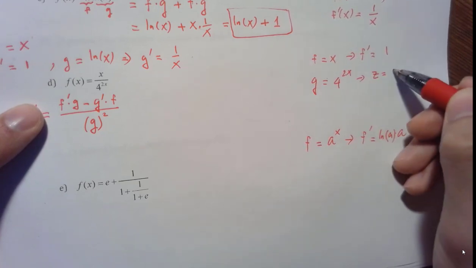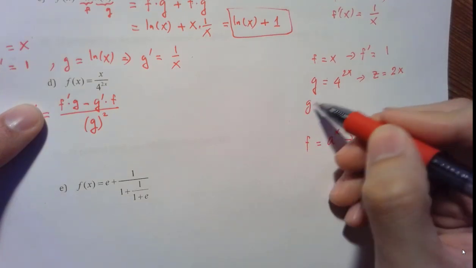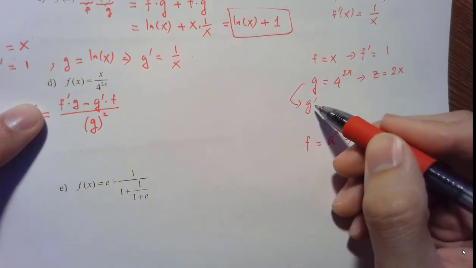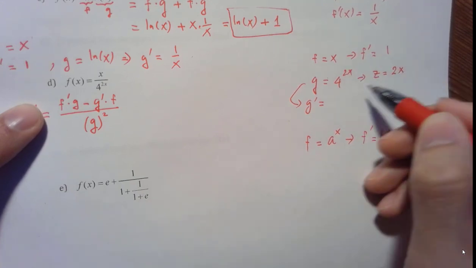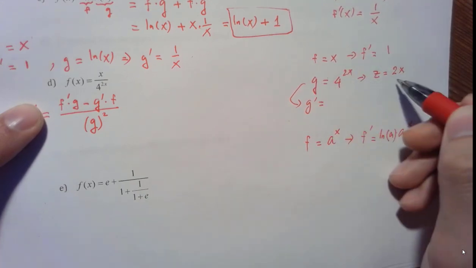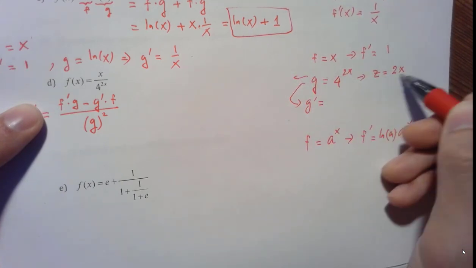I let z be 2x, and when I take the derivative of g, I should get the same thing, because now g is 4 to the z power after we let z be 2x.